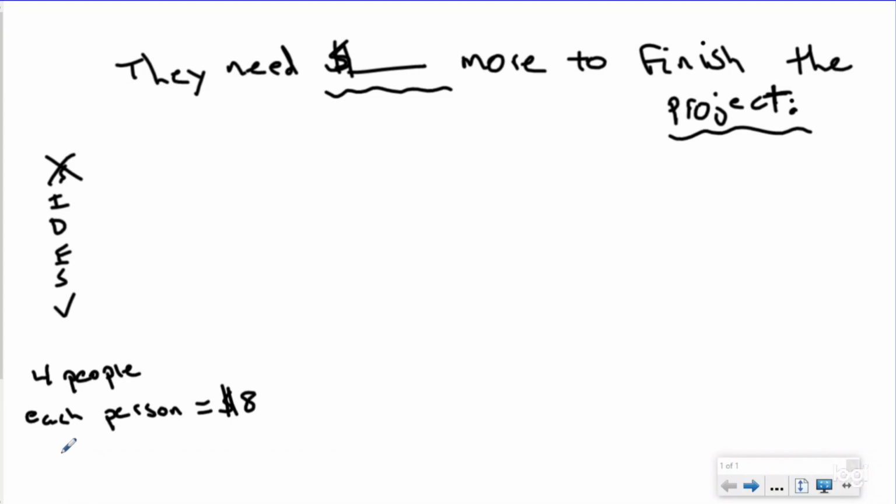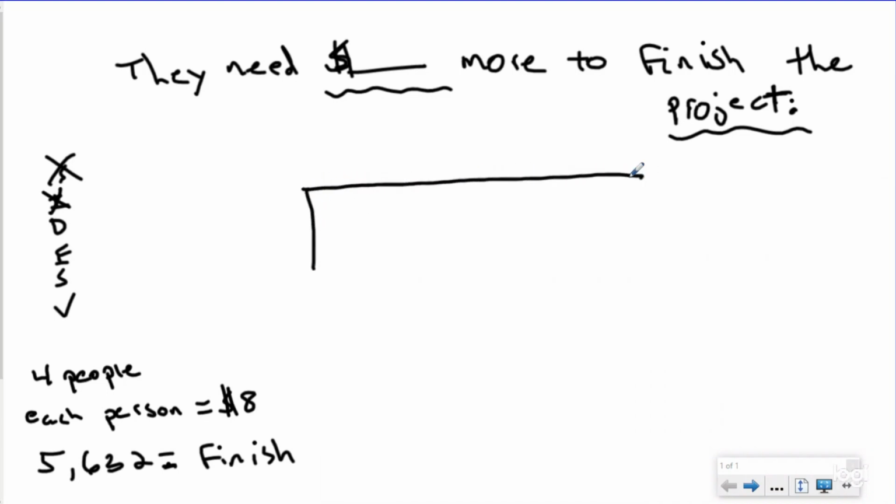And then I know that I need a total of $5,632 to finish the project. Now, the reason I circled that is because A is about dollars, and B was talking about finishing the project. So my statement's saying how much more do they need to finish, which leads me to know that I'm going to be developing a part-whole model here to help me solve this question.